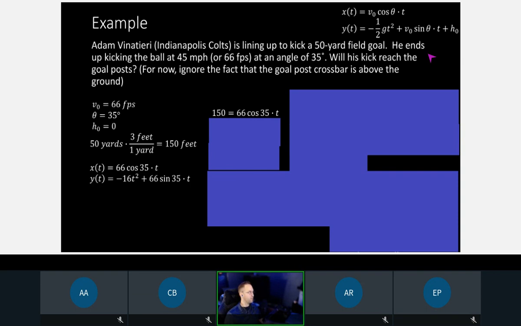So everyone on your paper, quickly solve for t. I'm going to give all of you 1 minute, probably less than 1 minute, but I'll say 1 minute. Everyone solve for t.